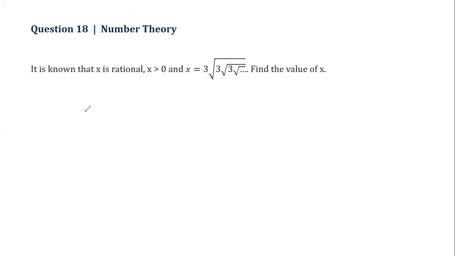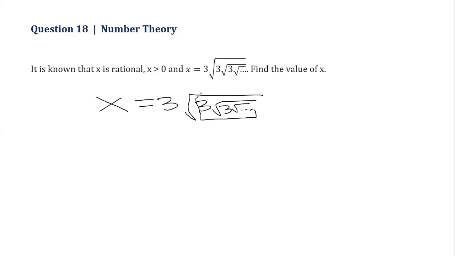Find the value of x. So it tells us that x is equal to the square root of 3 times the square root of 3 times the square root of 3, and it goes on. As you can see, this is still infinite.